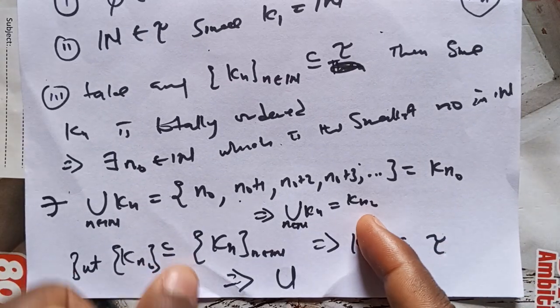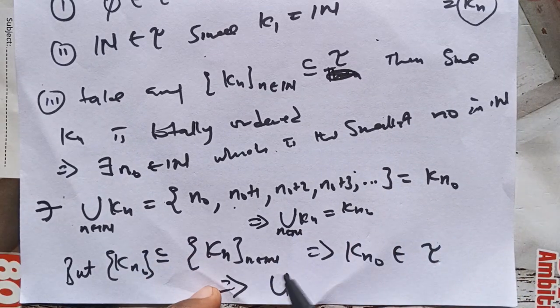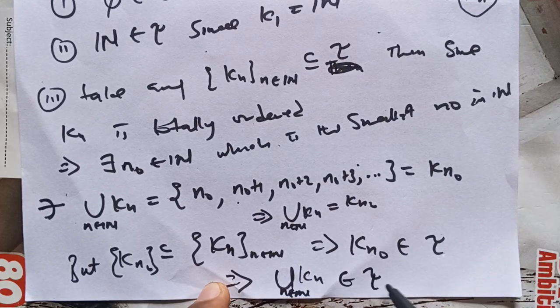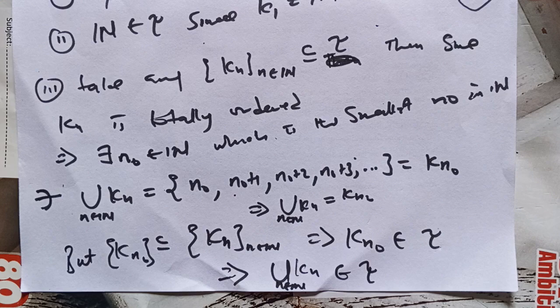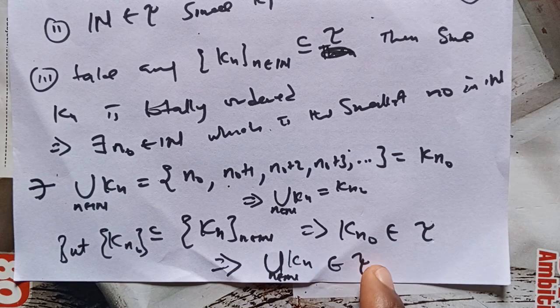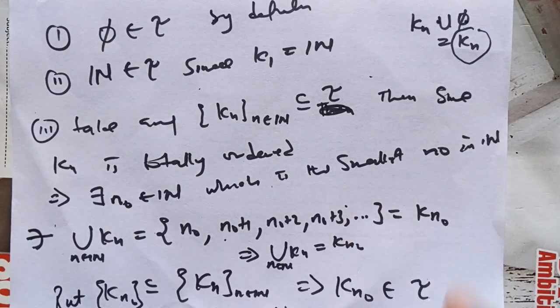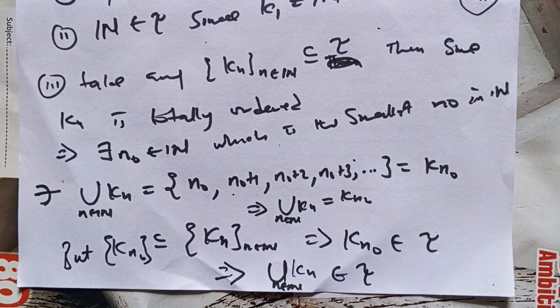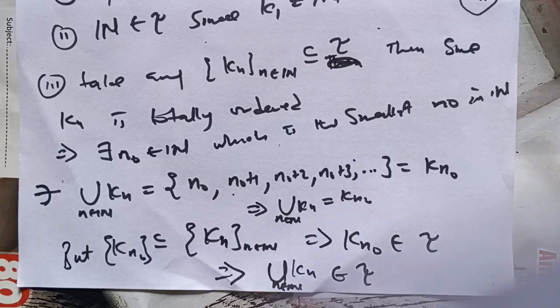So this implies that the union of Kn, n in N, is in what? Is in tau. So we have shown that the arbitrary union is in tau. Next, we want to show that a finite intersection is in tau.